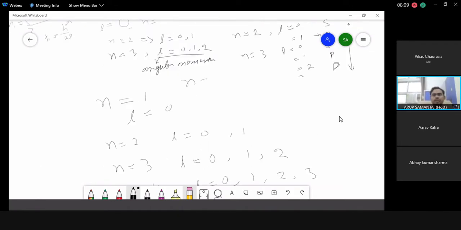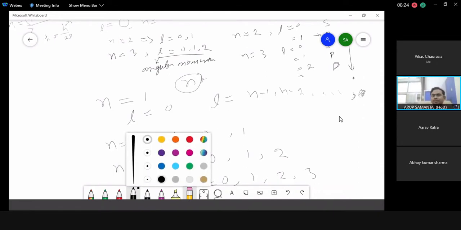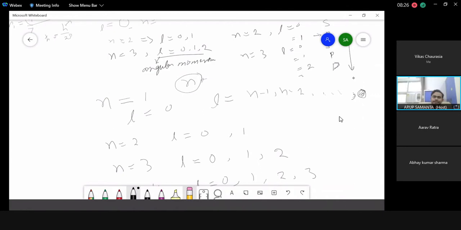If n is your quantum number, then the angular quantum number should be n minus 1, n minus 2, and so on up to 0. That is the distribution of these types of quantum numbers you will get.